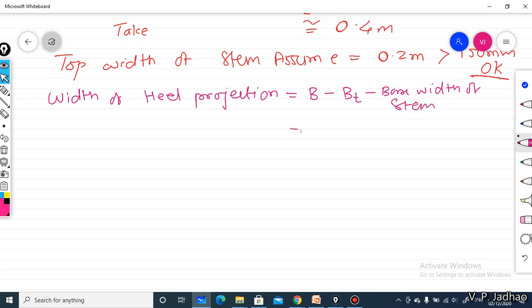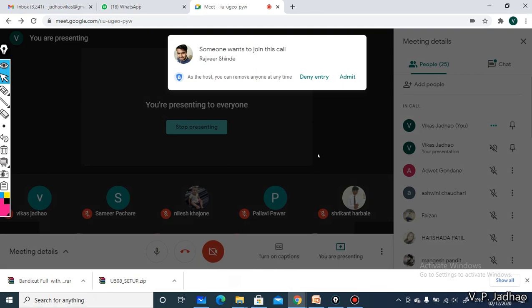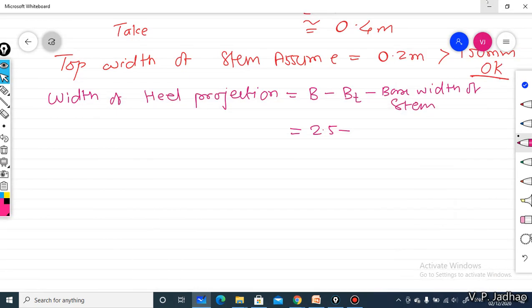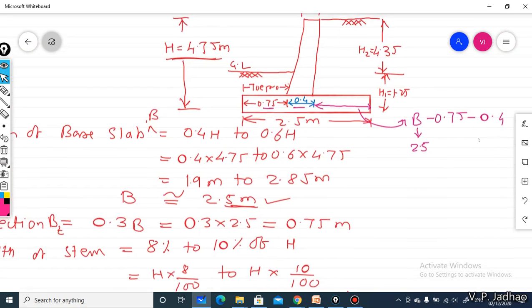So the width of heel projection is 2.5 minus 0.75 minus 0.4, and this comes out to be 1.35 meter.